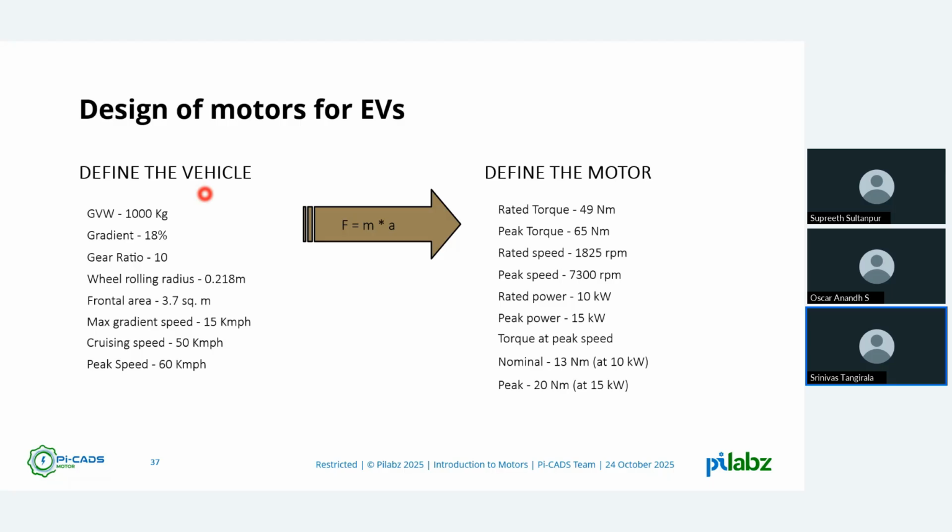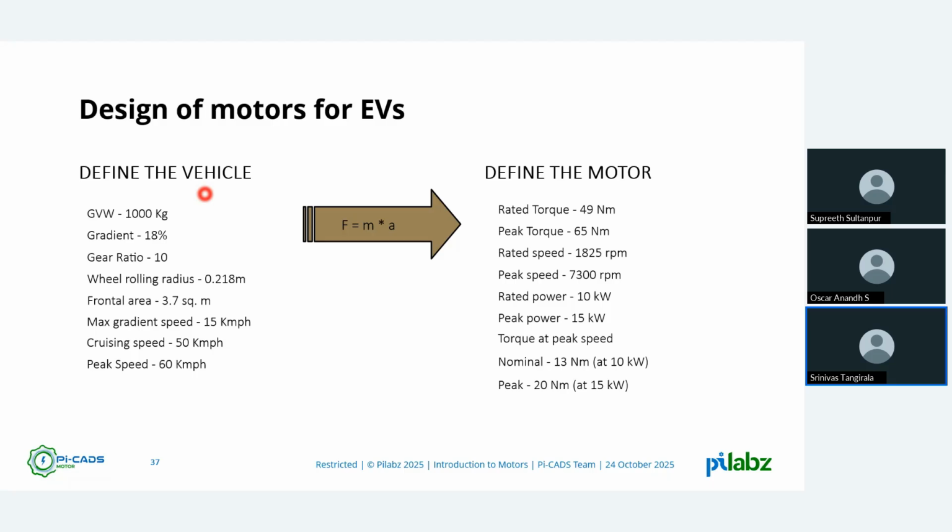1825 RPM. And like Oscar explained, rated torque is the continuous torque, which the motor can deliver for a longer period of time, right? Peak torque, the motor delivers only 65 Newton meter, which is a higher torque, for a short period of time. If you try to exert the motor by passing more current to give more torque for a longer period of time, there are chances of the motor burning out because of higher heat production.